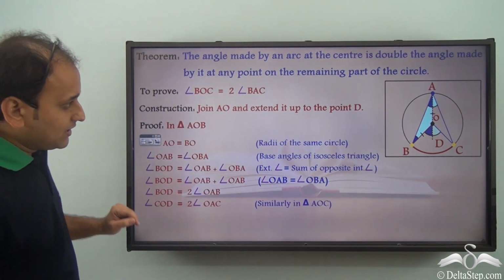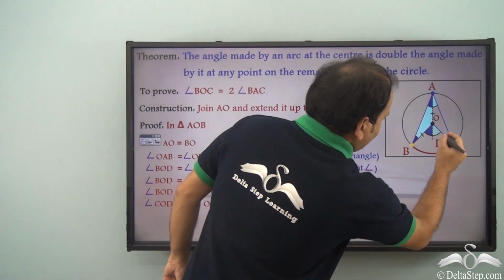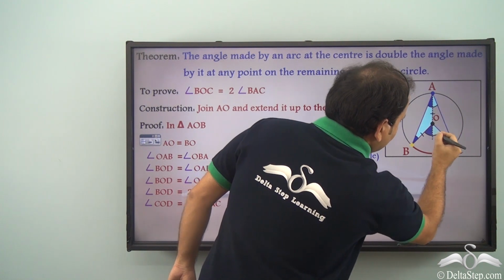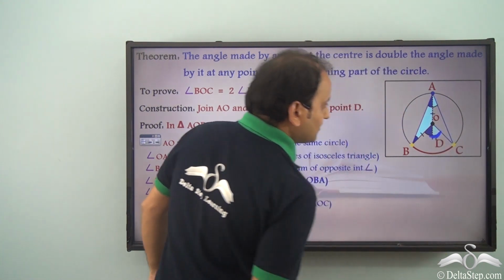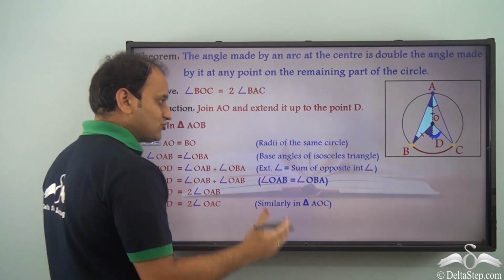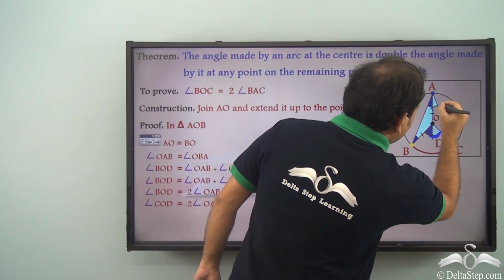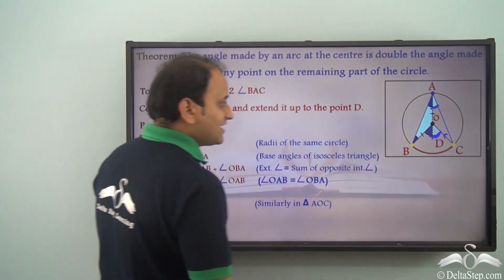Now, similarly, when we talk about COD, this particular angle will also show the same property, that is, it will be equal to the sum of opposite interior angles.